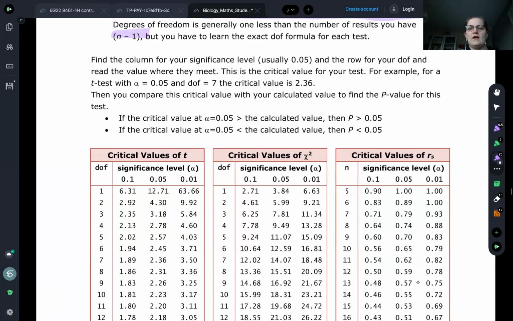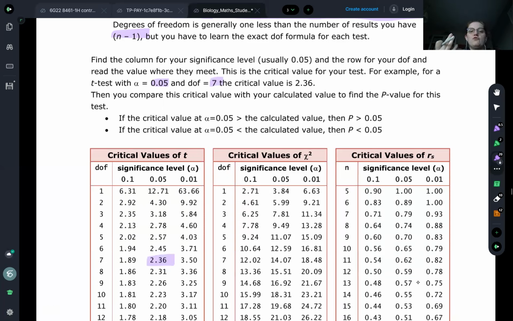So if you were doing one that got degrees of freedom of 1, your critical value would be 12.71. So you can see there. So for example, for a t-test with significance level of 0.05 and degrees of freedom of 7, our critical value would be 2.36.